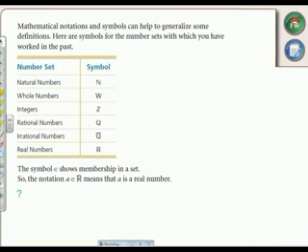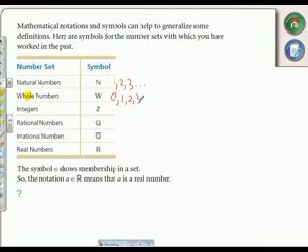Symbols for number sets. You went over a lot of these. So natural numbers, those are our counting numbers: 1, 2, 3, and so on. Whole numbers. Whole has an O in it, looks like a 0, so it includes 0 into the natural numbers.